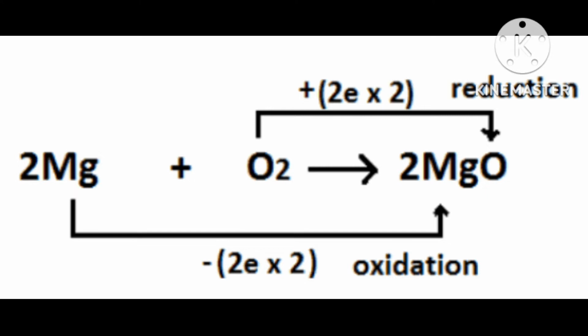O2 was 0 on the reactant side, now it became -2. But here 2 oxygens were there, so the total change is -4. Carbon has lost 4 electrons.